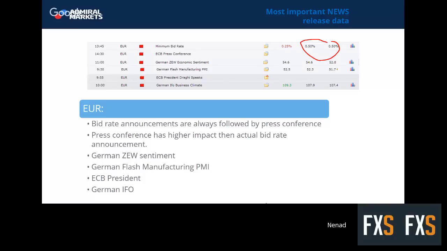What usually happens is the Euro basket tends to tank heavily because this was not priced in. If the result had come the same as the forecast, 0.50, it wouldn't have had any impact on the market because it was priced in. But sometimes even forecasts can make a mistake, and these kinds of mistakes can be very costly to your accounts. That is why we don't trade news immediately after news results have been announced.